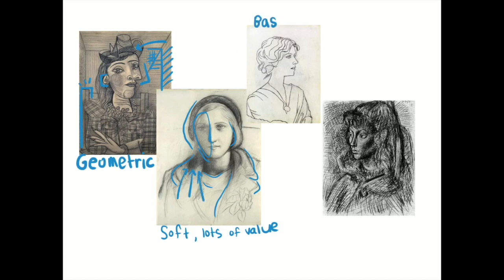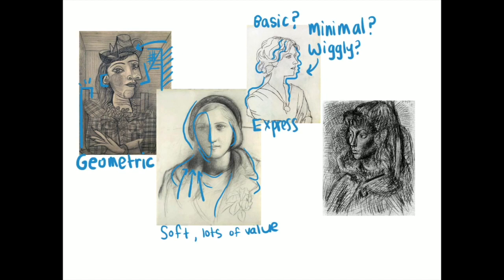Take a look at all of these different drawings of the same girl. They all look different, and they all definitely make you feel different, and that's partly because of the way the artist draws the lines in their art. The softer, more smooth and curvy lines make you feel one way, while the geometric and straight harsh lines make you feel a different sort of way.